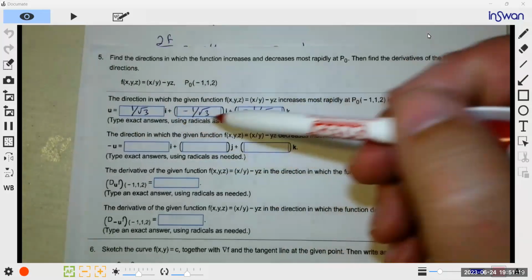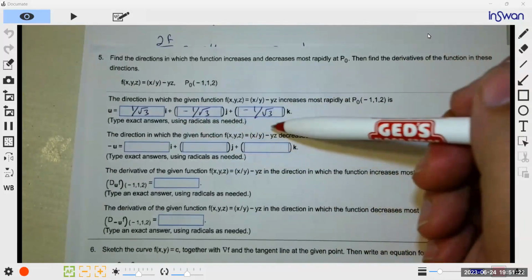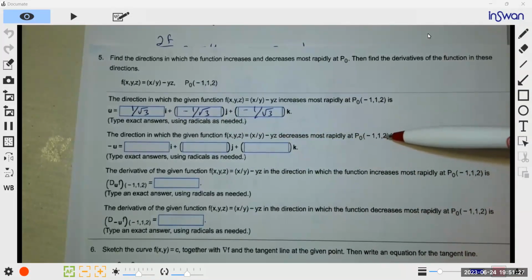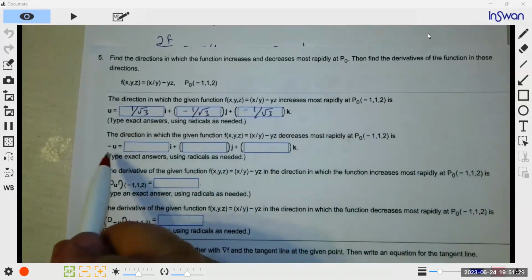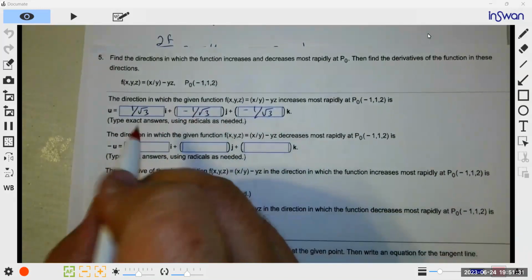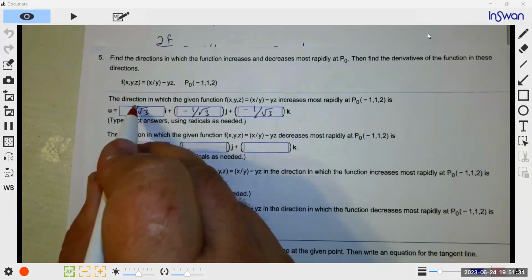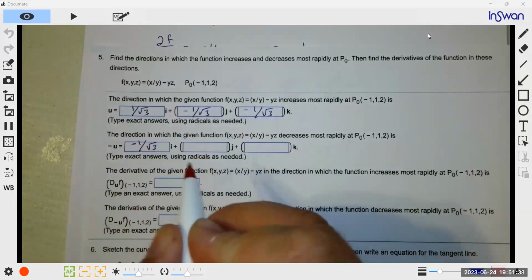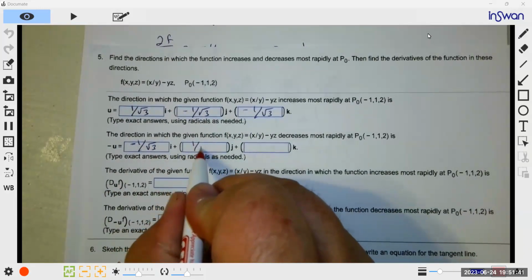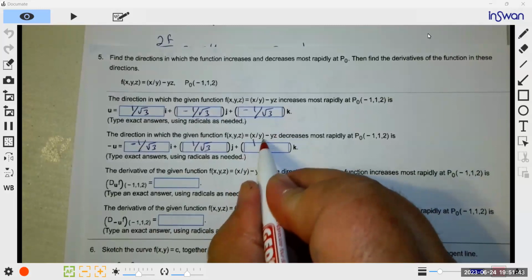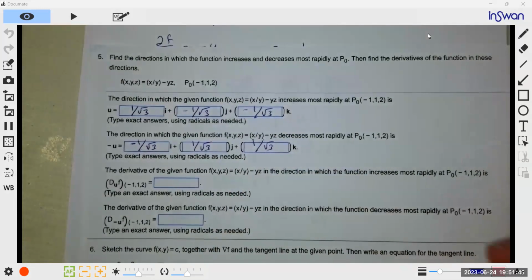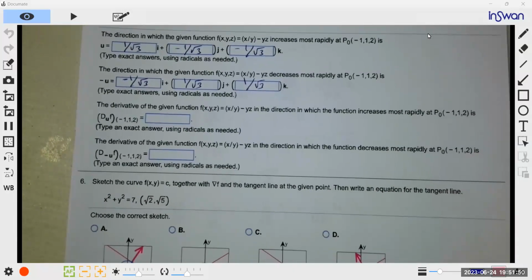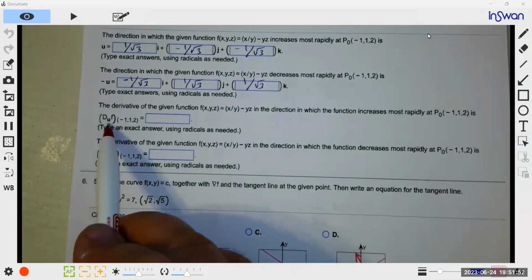Now, the direction in which the given function f decreases most rapidly at that same point is negative u. So it's just the opposite of all those. Negative becomes positive, and negative becomes positive.